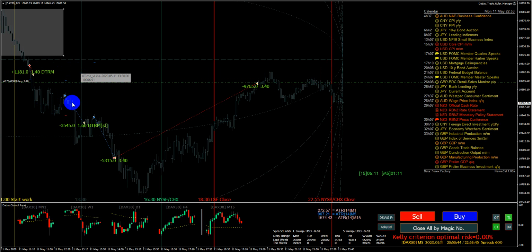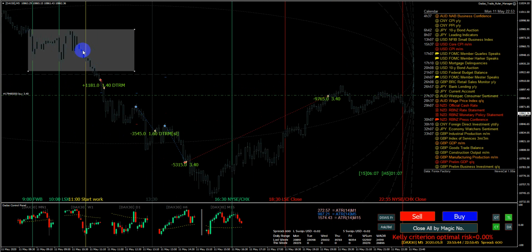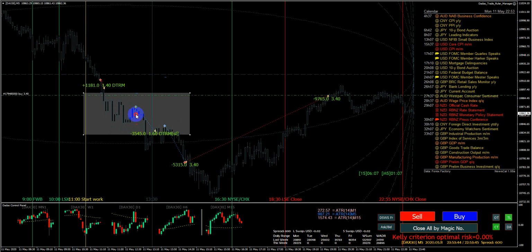So all of a sudden I see another consolidation right there. It's a flat ledge or something like that. Now all of a sudden I decide to go long.